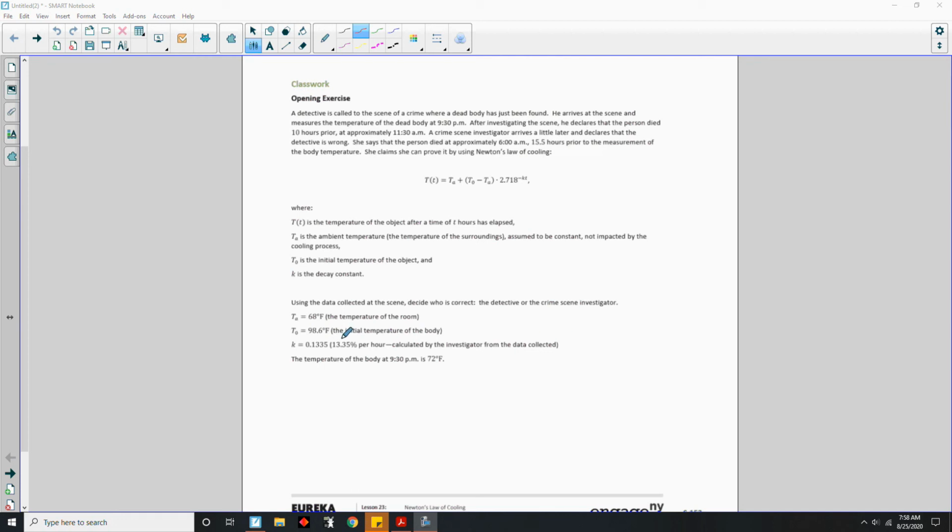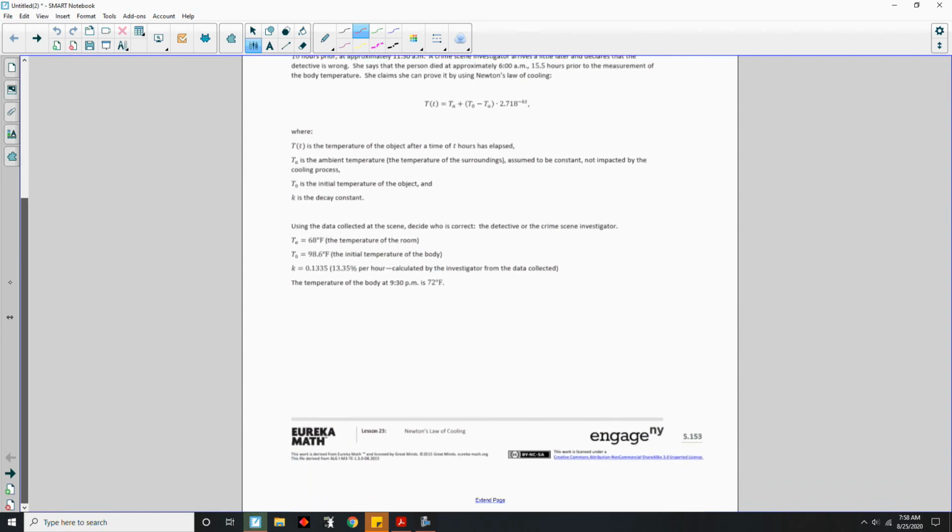So they determined that the amount of temperature change per hour is a little more than 13.33%. And the temperature of the body at 9:30 p.m. was 72 degrees Fahrenheit. So we need to take this formula, substitute in our givens, and see who is correct.